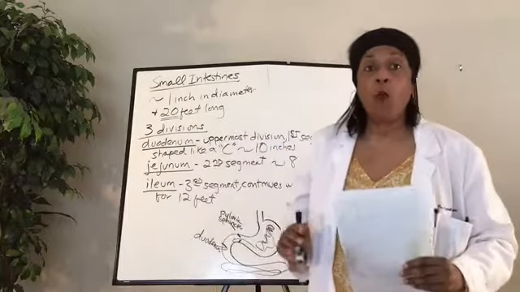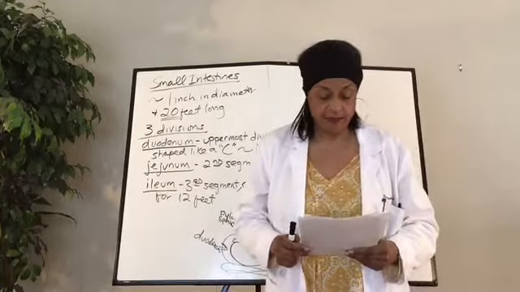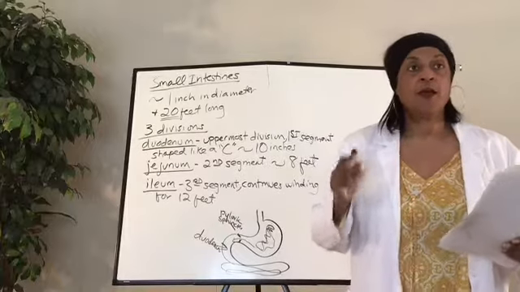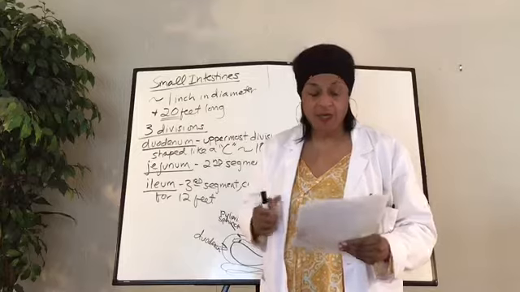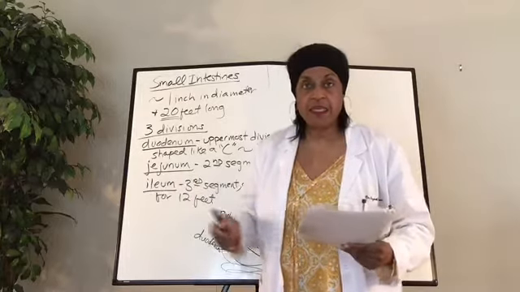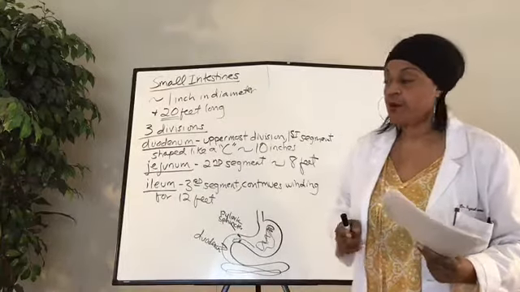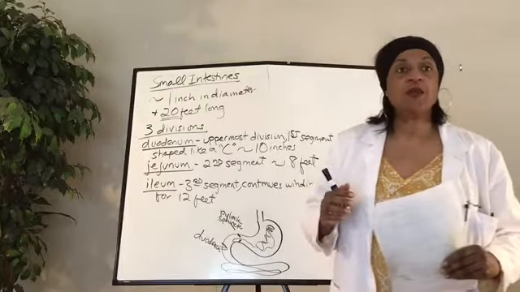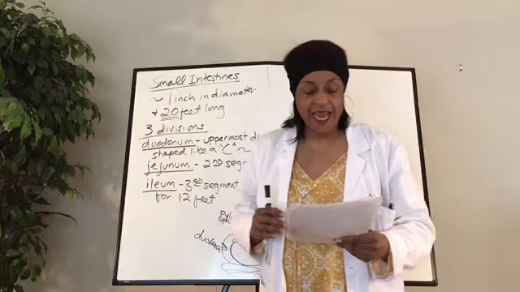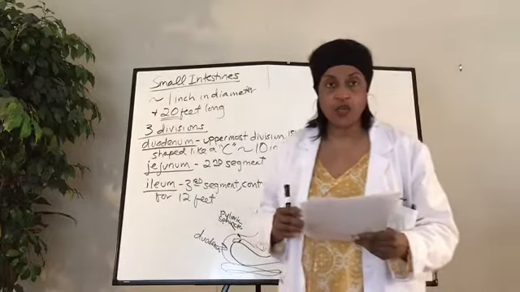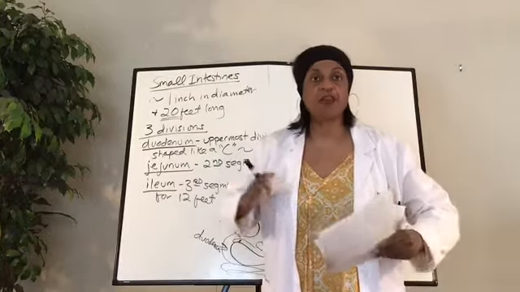Let's talk about the wall of the small intestines. The wall of the small intestine. Please note, and you'll probably see this word in your lab book when you get on the digestion part of the lab book, you will see plicae circularis. This is a lining that has circular plicae. These are folds.